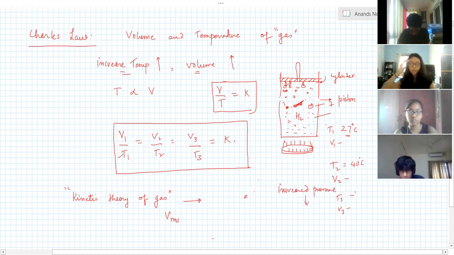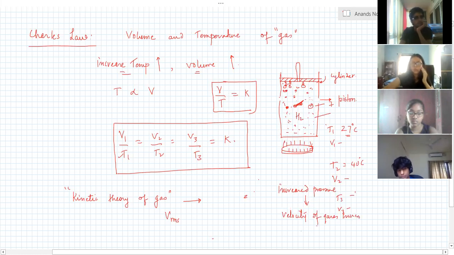The pressure exerted by the gas on the piston has increased. Why did it increase? Because the velocity of the gas increased. Why did the velocity increase? Because the temperature was increased. So temperature, velocity, pressure, kinetic energy, all these are linked. And the first step towards understanding all this was Charles and Charles' Law.